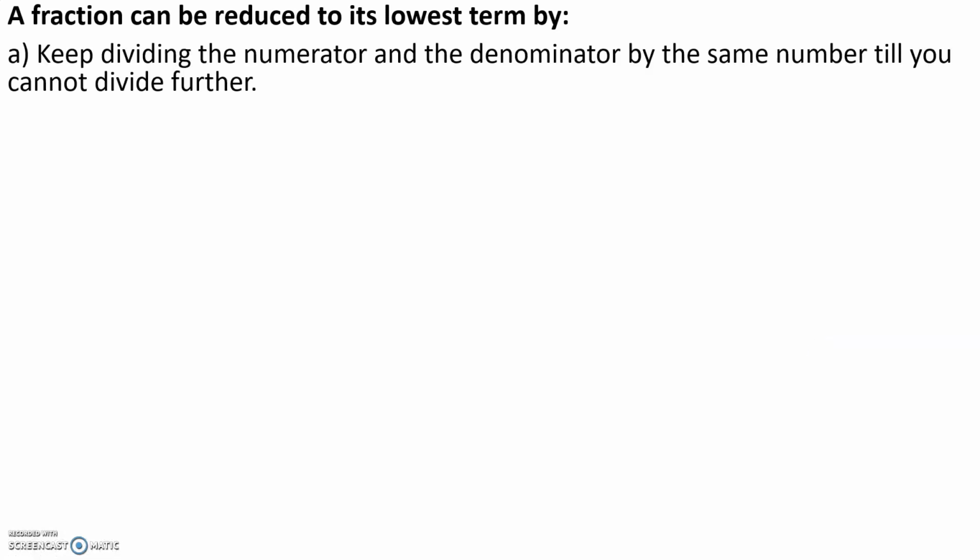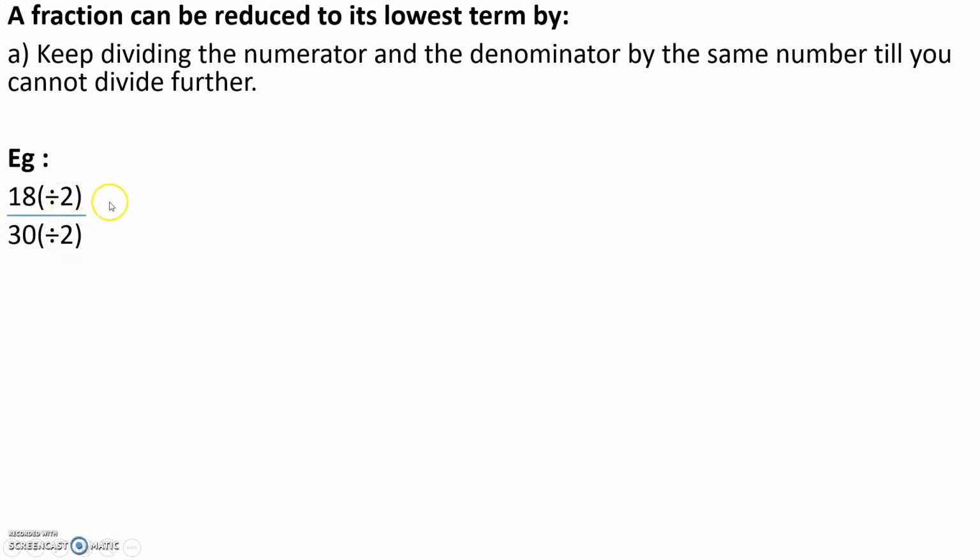Now, a fraction can be reduced to its lowest term by dividing the numerator and the denominator by the same number till you cannot divide further. Example, 18 divided by 2 upon 30 divided by 2.